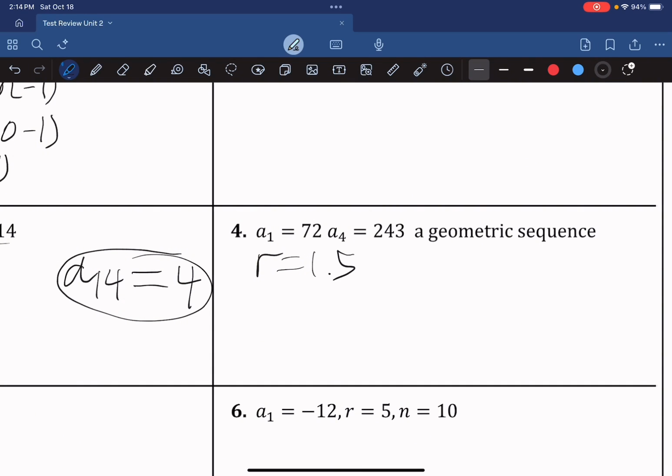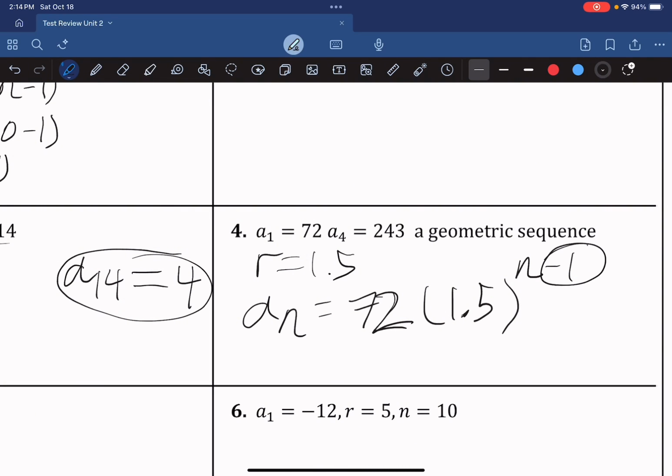And once you get your r, it's a lot easier from there, because it's just a of n equals 72 times your 1.5 to the n minus 1. Alright? And also, this n minus 1 won't always be n minus 1. It will just be n minus whichever term you use here.